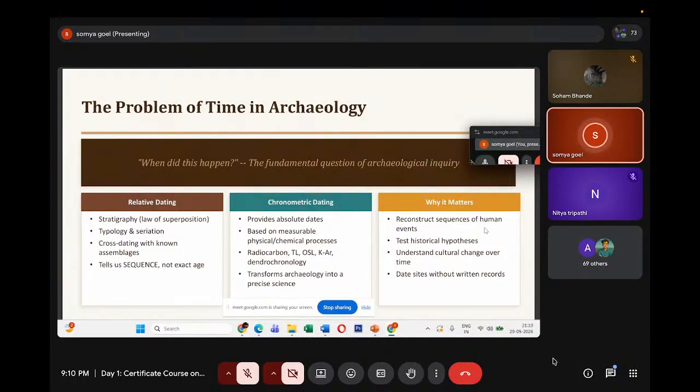Then it also helps us in understanding cultural change over time, not only in one country but also for comparative studies. So it helps us tell how the society changed, and wherein we have no written records, to get the dates for those particular sites with precision, we need chronometric dating. So, in that way, chronometric dating has been very important in the field of archaeology.